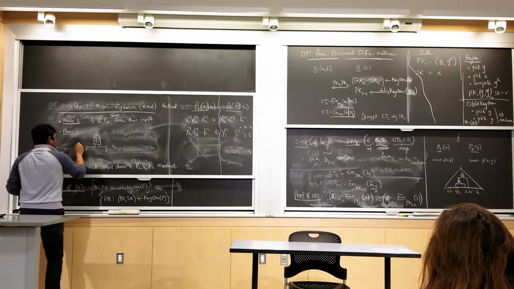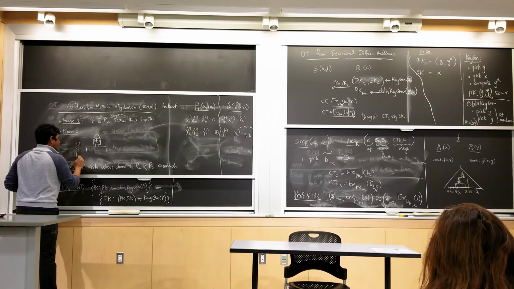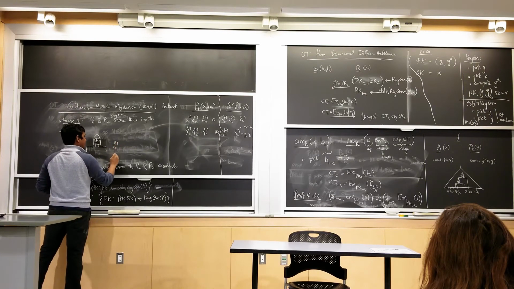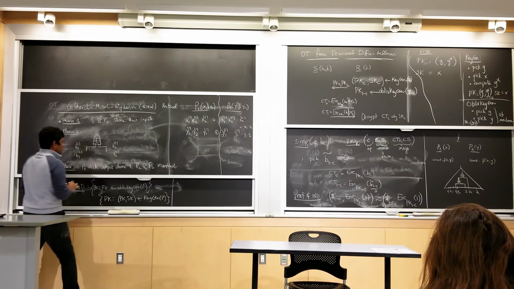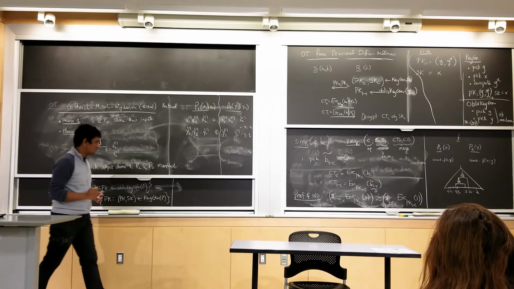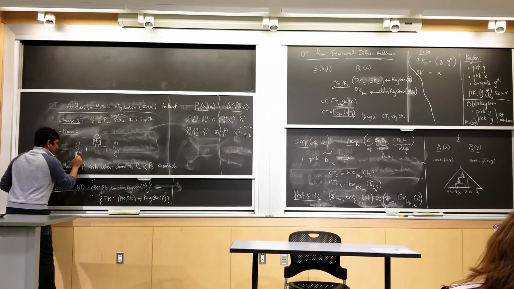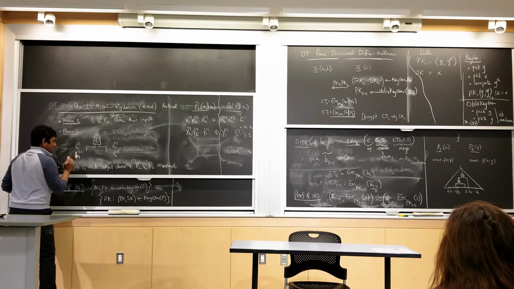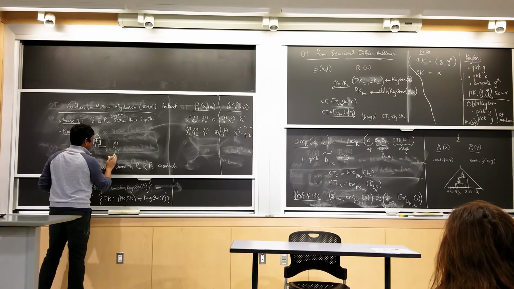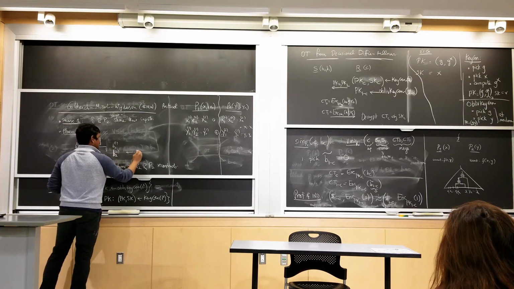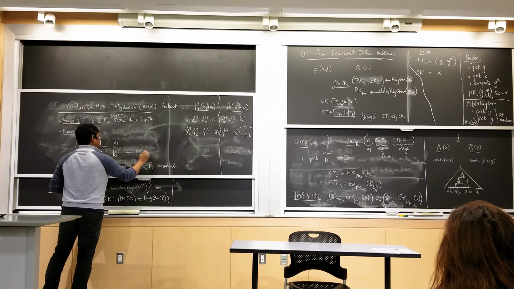So party 1 has B11, party 2 has B12, so XOR is B1. And similarly for B2. This is party 2, and this is party 1's shares.